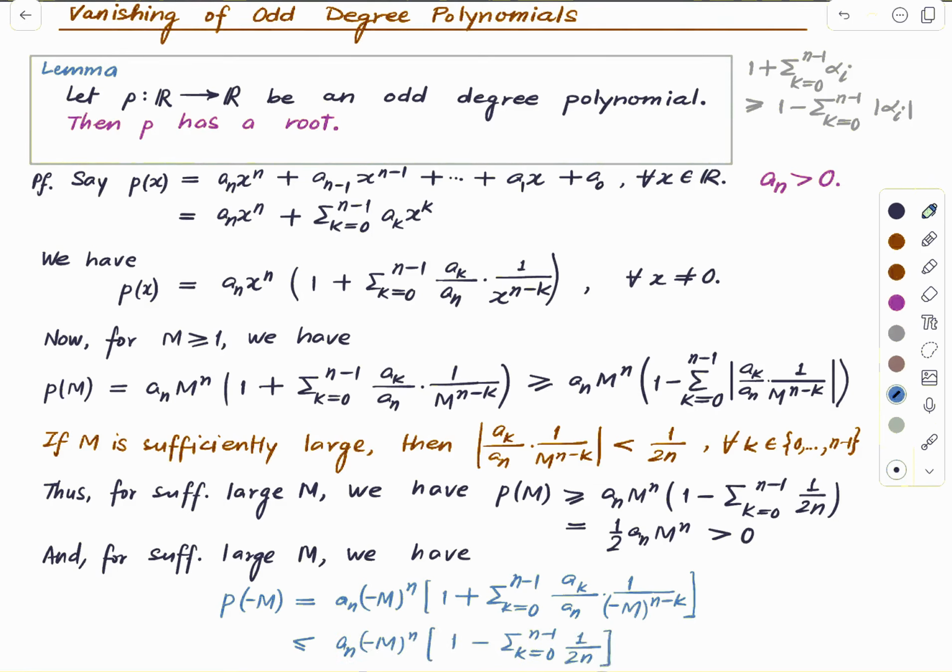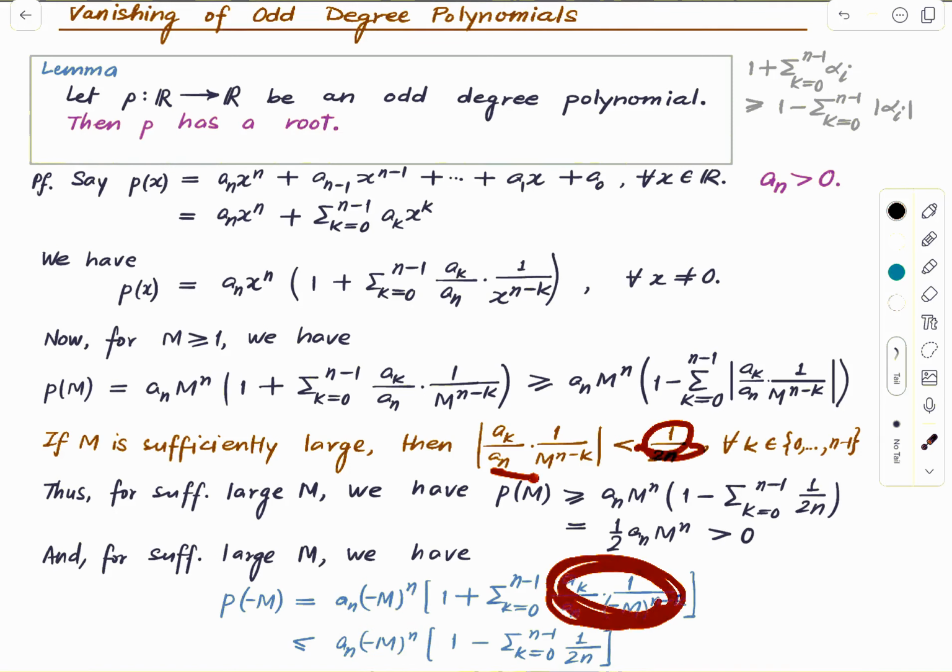So what happens here? The whole point is this is a negative number because n is odd. Minus m is negative, and hence since we are exponentiating with an odd power, this whole thing is negative, but a_n is positive and hence this is negative. Therefore, this time when we make these sufficiently small, meaning each of these has magnitude at most 1/2n, the same bound we are using, the inequality will go the other way because of the negativity.